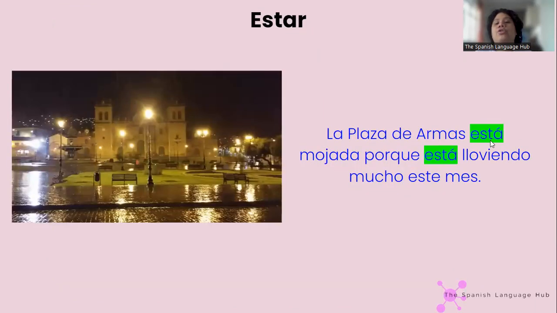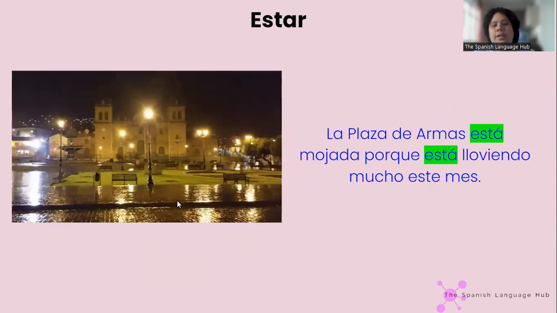And here I'm again describing how the plaza looked in this particular moment in the picture. La Plaza de Armas está mojada porque está lloviendo mucho este mes. So la Plaza de Armas, the square, is very wet because it's been raining a lot this month.